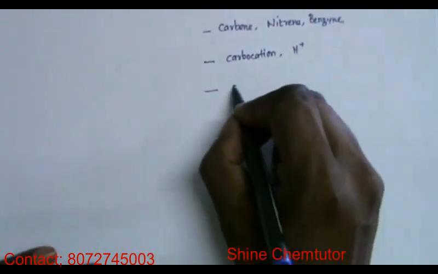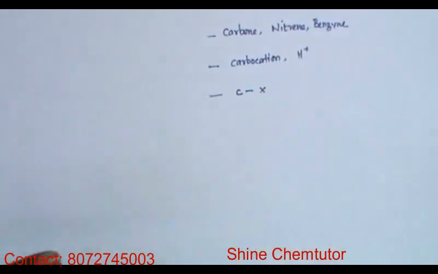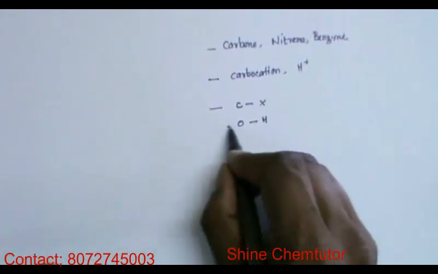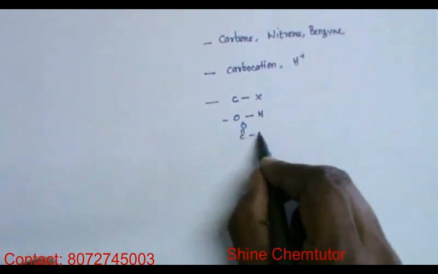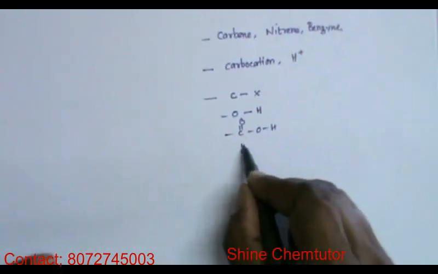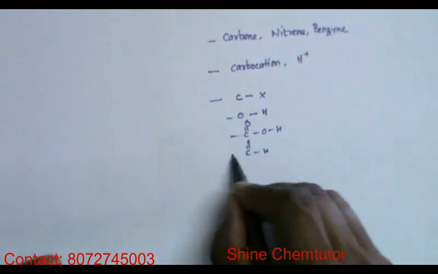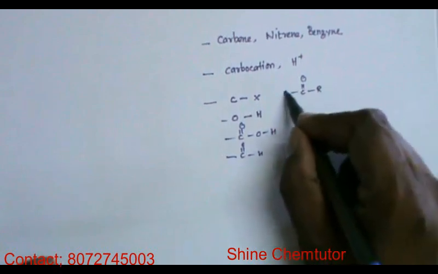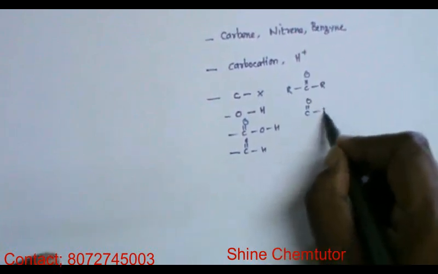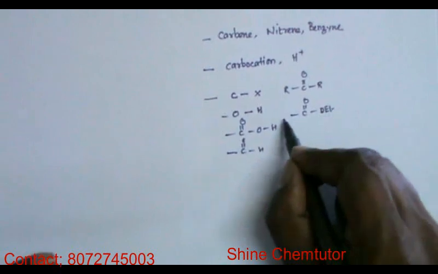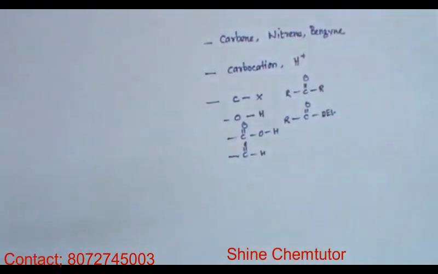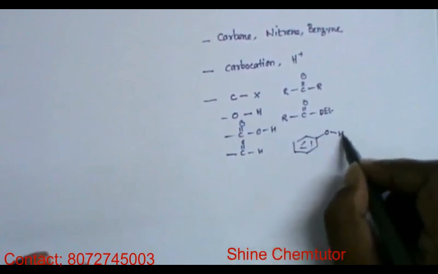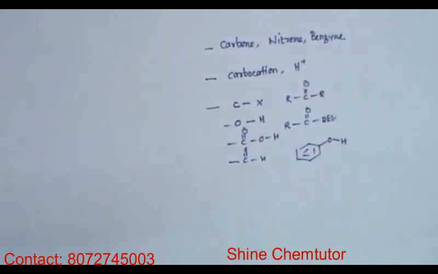For example, I go for halide, alcohol, acid, aldehyde, ketone, ester, and so on.